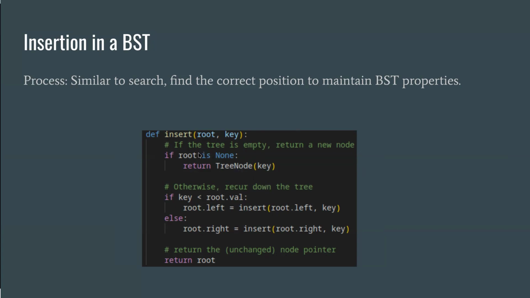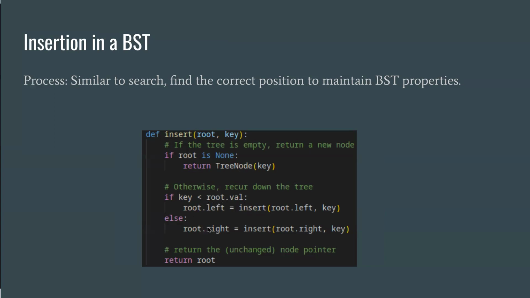Let's say we want to insert a value 10. If key is 10, we would compare 10 with the root. Based on the comparison, if the root value is greater than 10, then we would recursively call insert on the left.